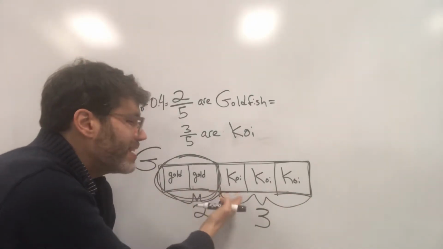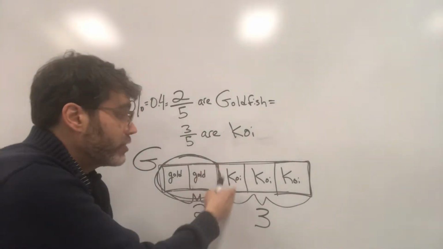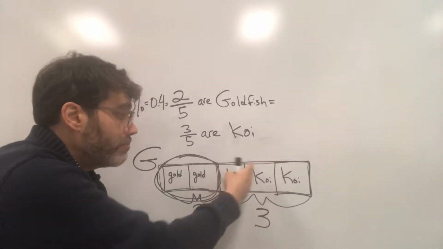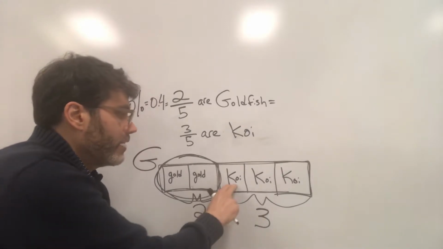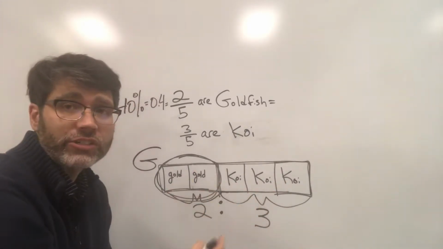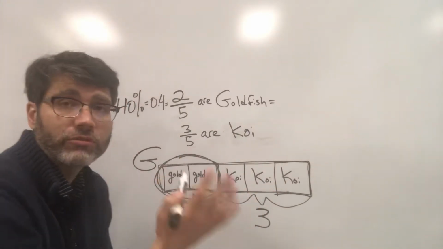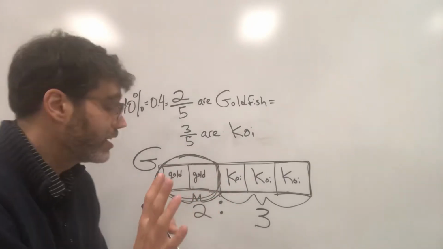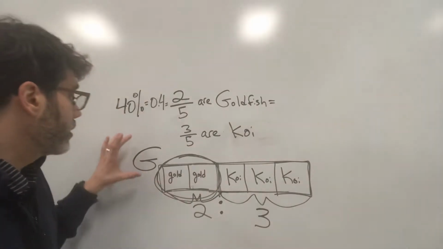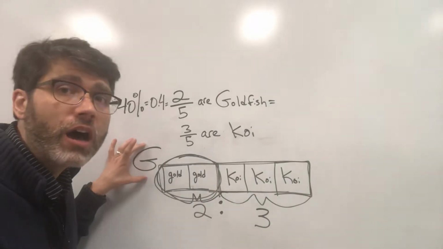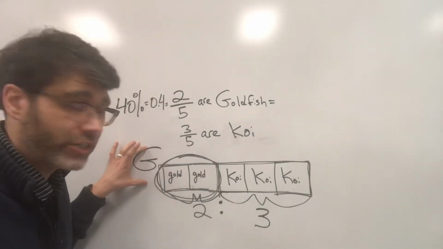We don't know if each block is worth 10 fish or 20 fish or 15 fish. And it doesn't even matter for this problem because we're not going to come up with a specific number. Our answer is going to be in terms of G. It's going to be an expression.